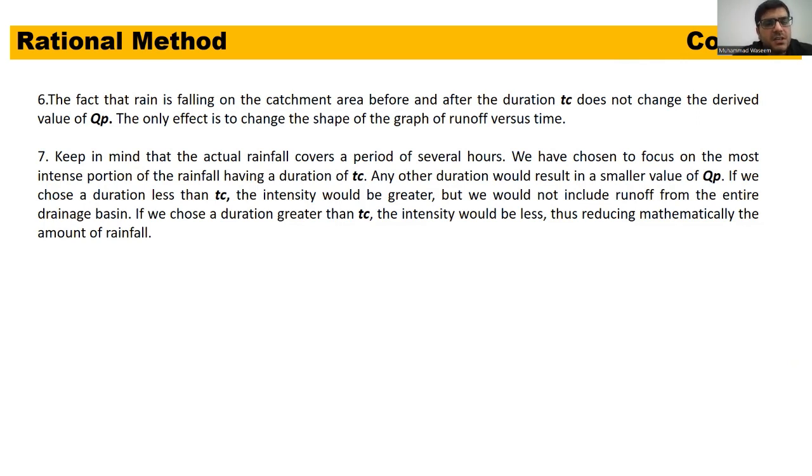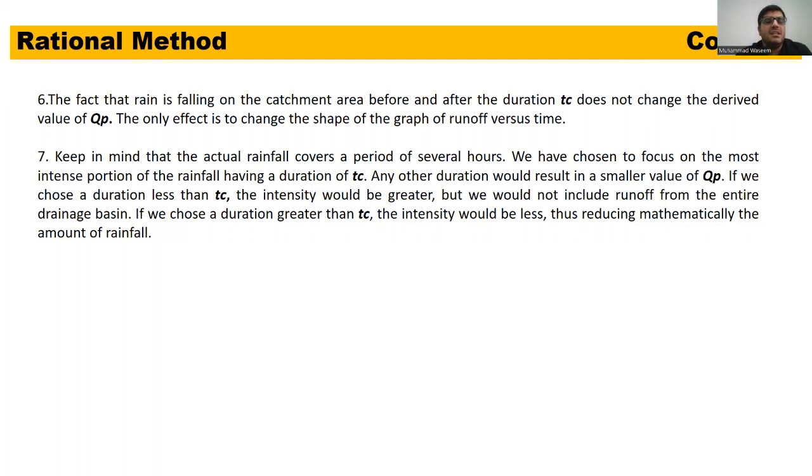The intensity would be greater, but we would not include runoff from the entire basin, because it will take more time from the remotest point to reach the point of analysis, and before that, the rainfall event has already stopped. So you will not see a peak as high as when the rainfall event equals the time of concentration.